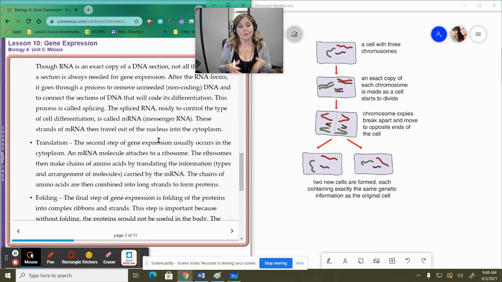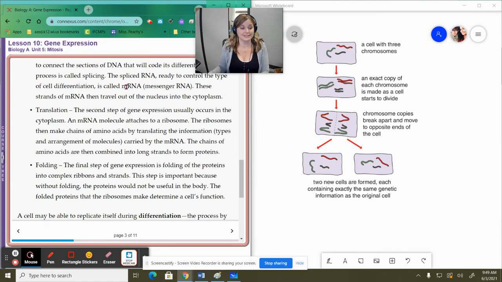So we say it's read 1 codon at a time, which is made up of 3 bases. It moves through the ribosome, and these transfer RNA, or tRNA, bring down little amino acids that match up with it, right? And then they assemble 1 amino acid at a time to form a chain of amino acids all linked together. That long chain of amino acids is called a polypeptide chain, and it is not completely a protein yet.